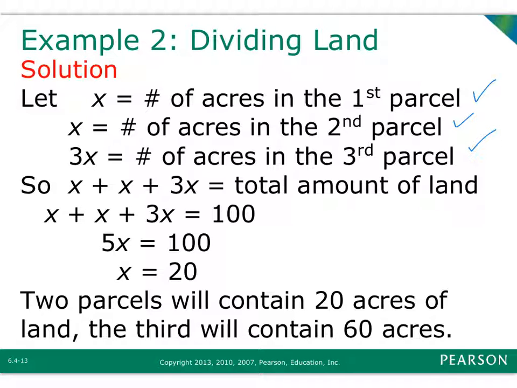So x plus x plus 3x equals the total amount of land, and so we end up with 5x equal to 100, and now x is 20 acres per parcel, right? So the two parcels will contain 20 acres each, and the third parcel will contain 60 acres, since it's 3 times as much.